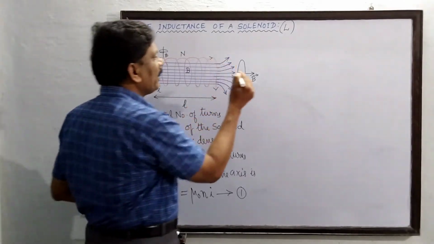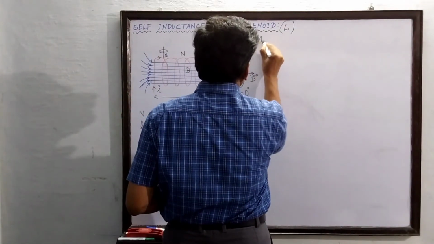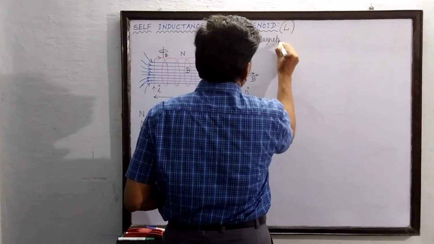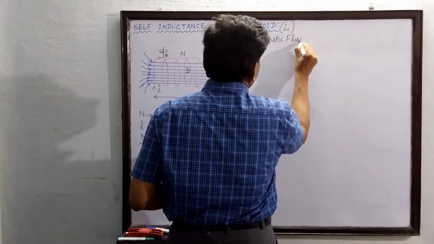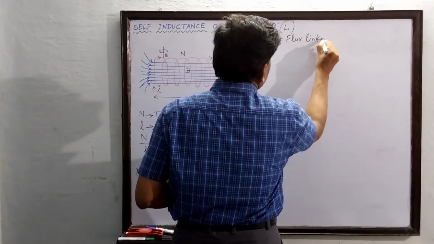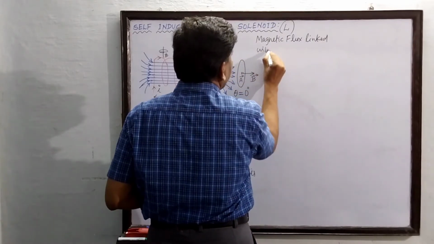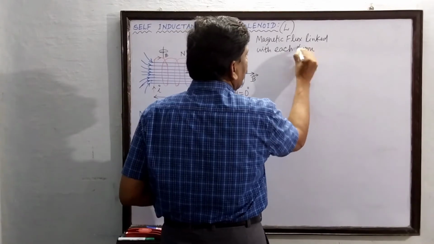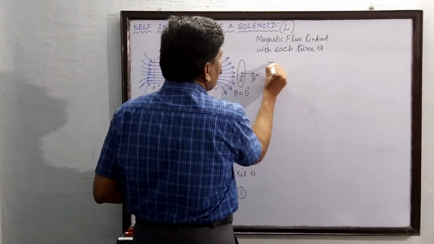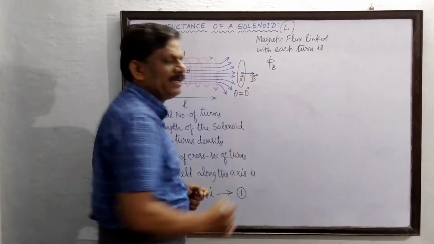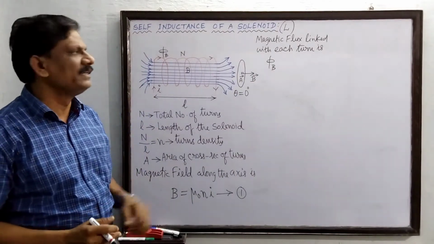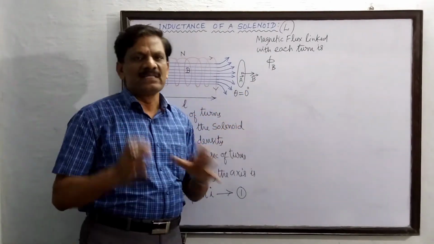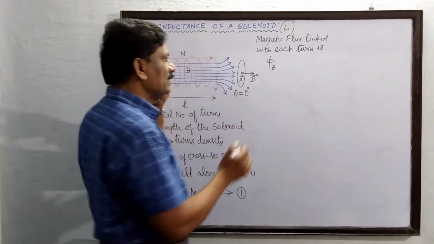I am going to write the expression for the magnetic flux linked with each circular turn. It is given by phi B. Phi B is the symbol for the magnetic flux and it is a scalar quantity. It is a dot product of these two vectors.